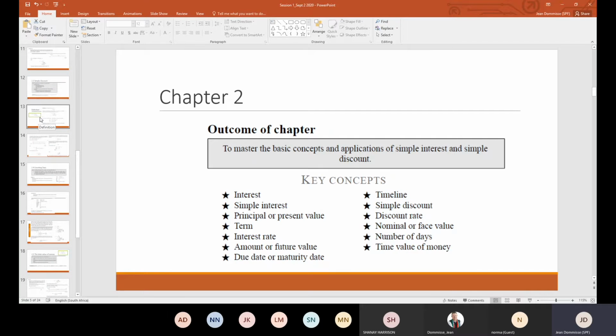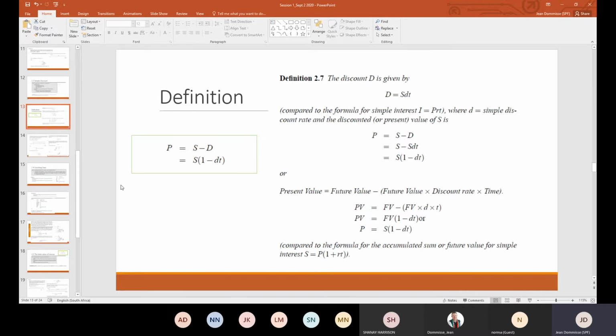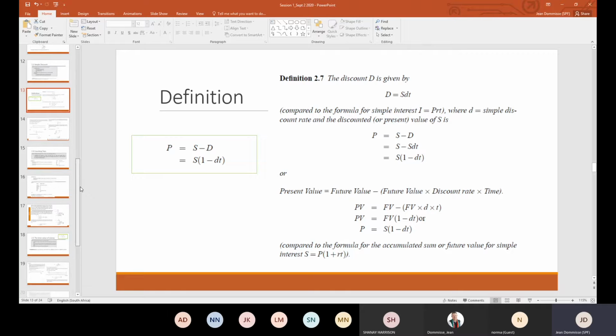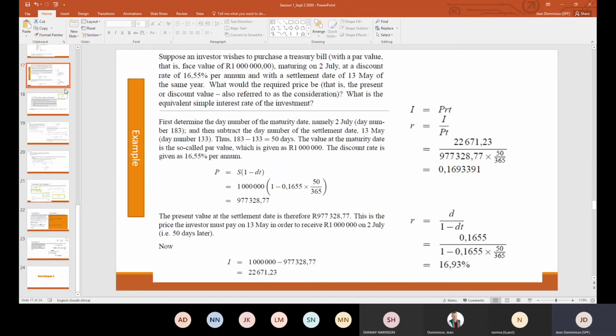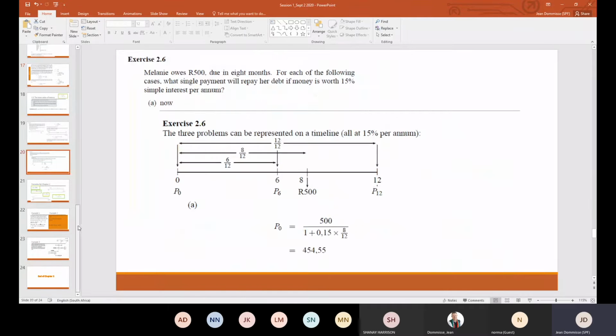We'll quickly look at some of the definitions, and I'll also have the important formula for you. Then we work through some examples, as you will see. We will work through a few of the examples.